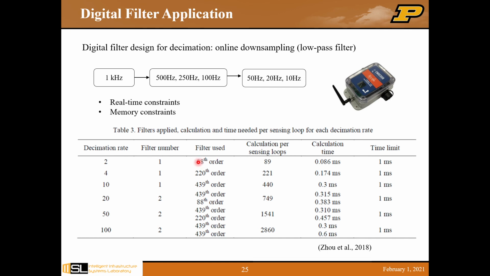The data samples from the initial baseline measurements go to the first filter, sampled at maybe 250 hertz, and then go to the next digital filter to be sampled to 20 hertz. The filter here is actually a low pass filter, because if you want to downsample, you need to get rid of the high frequency components. Otherwise, we will have some aliasing in the signal.